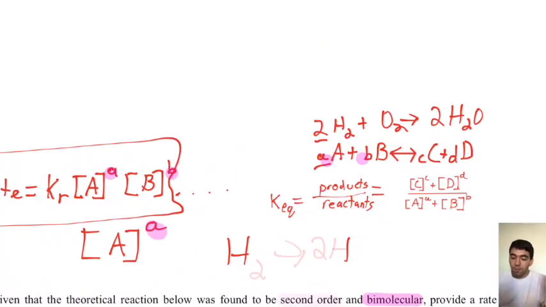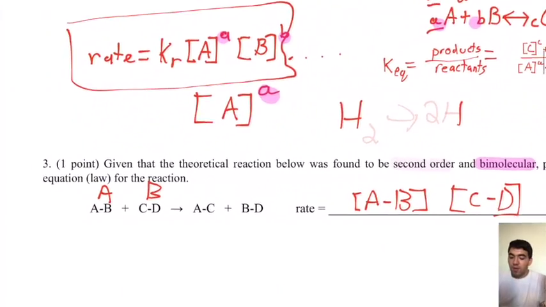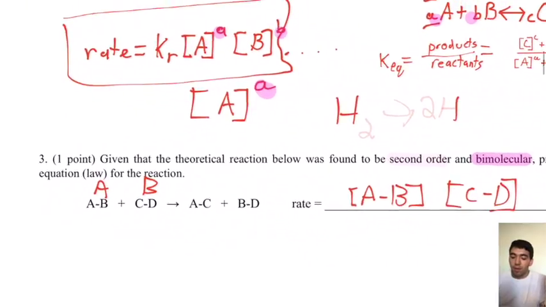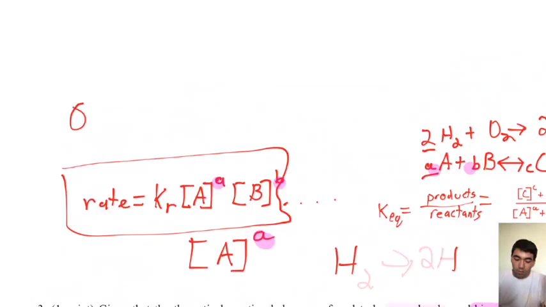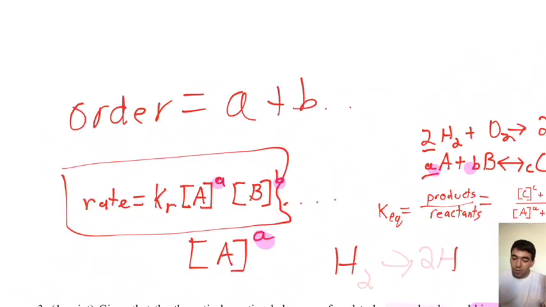Now to figure out if it's second or first order, we add them together. So really the order of the problem is the same thing as a plus b, and so on, depending on how many coefficients you have. We know it's second order, so second order means that there's 2.